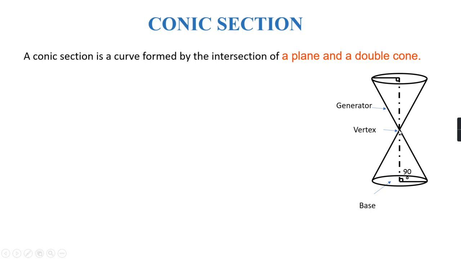This is your vertex, and the circular part at the bottom is called the base, and the line at the middle, which is drawn as a dash-dot. In the first video lecture, I have already told you this line is called a center line.